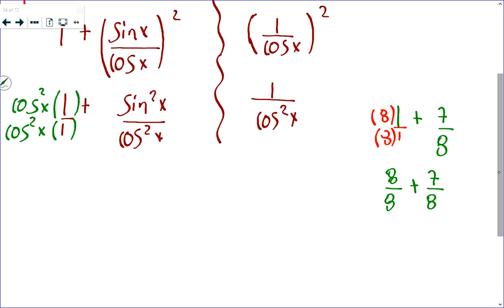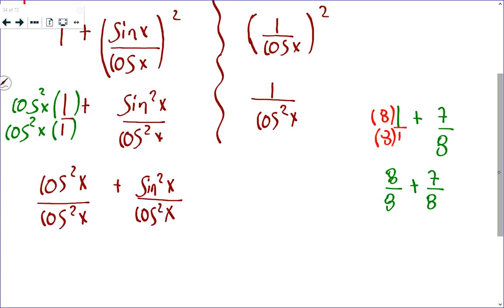You with this, Grant? And I multiply across the top of this left-hand term and get cosine squared. On the bottom, I have cosine squared. And I'm adding sine squared of x over cosine squared of x.